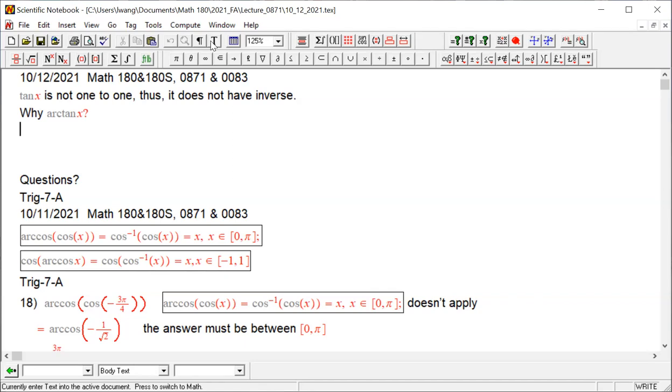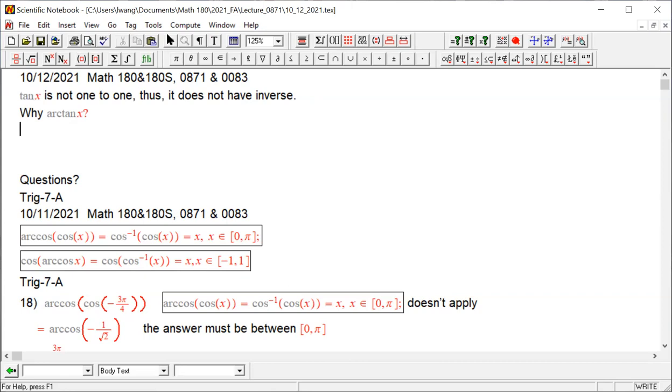So recall what we did to produce inverse functions for arcsine and arccosine. The common thing we did is truncation. When I mention tangent, what comes to your mind?